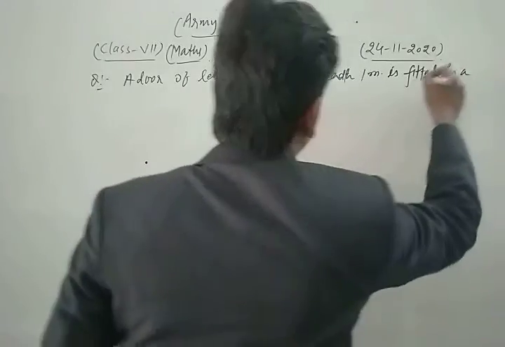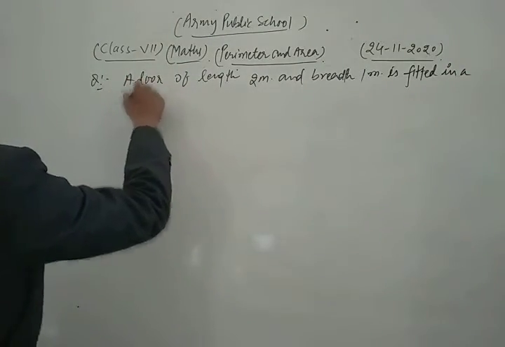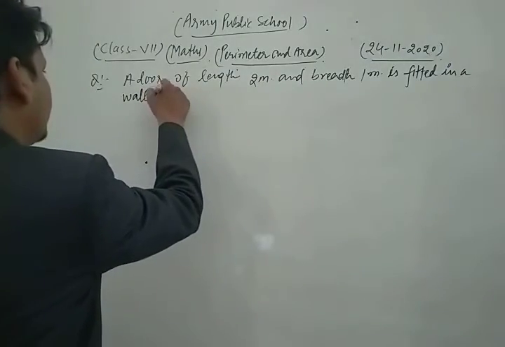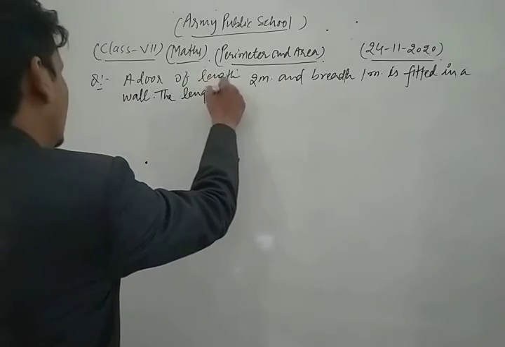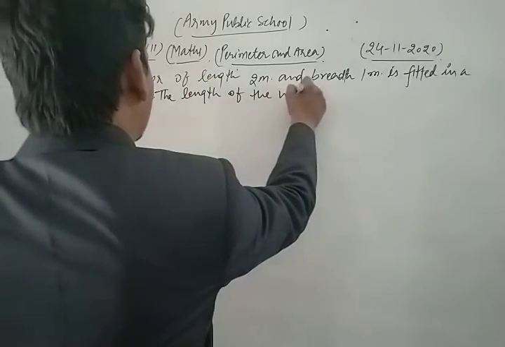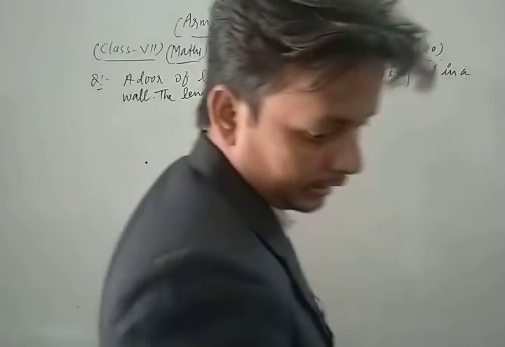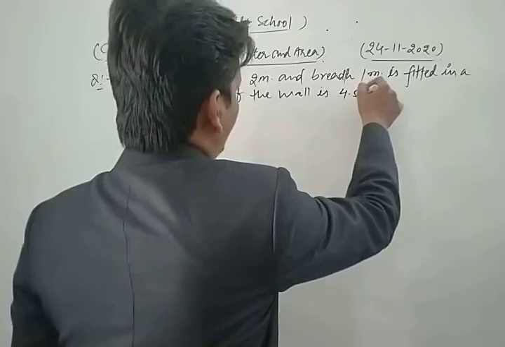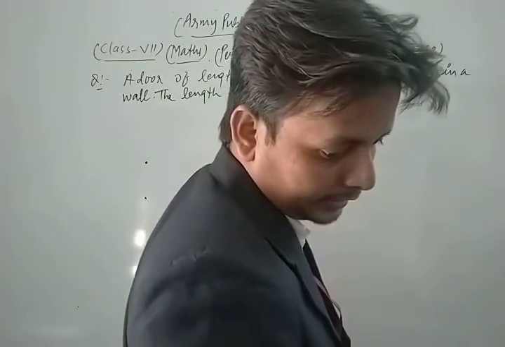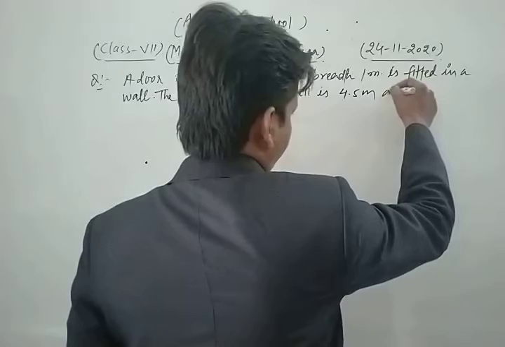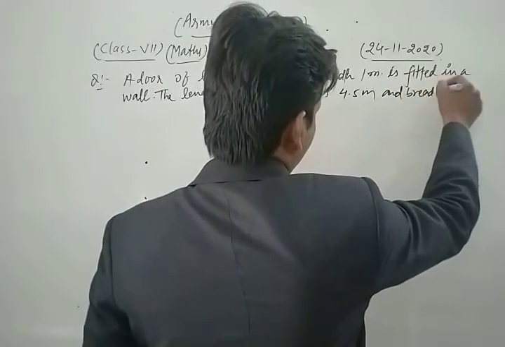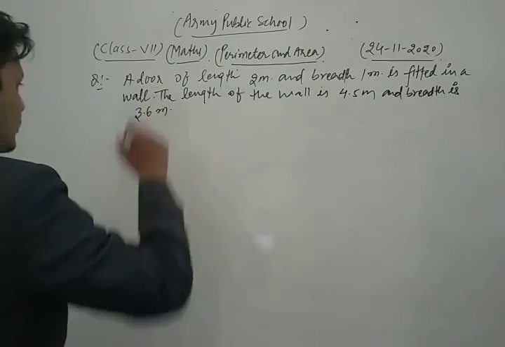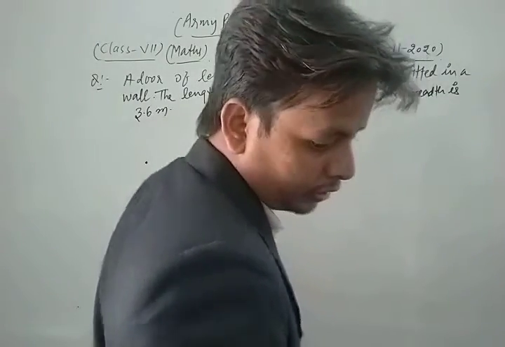The length of the wall is 4.5 meter and the breadth is 3.6 meter. Find the cost of whitewashing the wall if the rate of whitewashing the wall is rupees 20 per meter square.